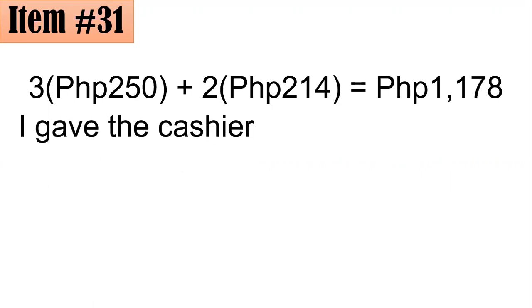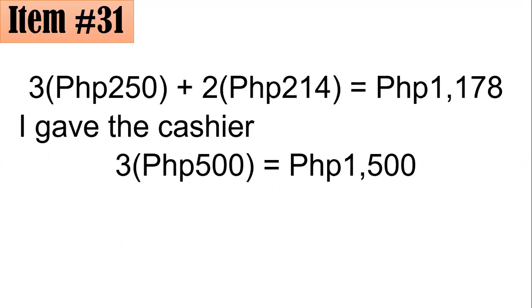Remember that you gave the cashier 3 500 peso notes. So that means that you gave the cashier 3 times 500 pesos, which is 1,500 pesos. And to get your change, all you have to do is subtract the amount that you paid with the total amount of your purchase.